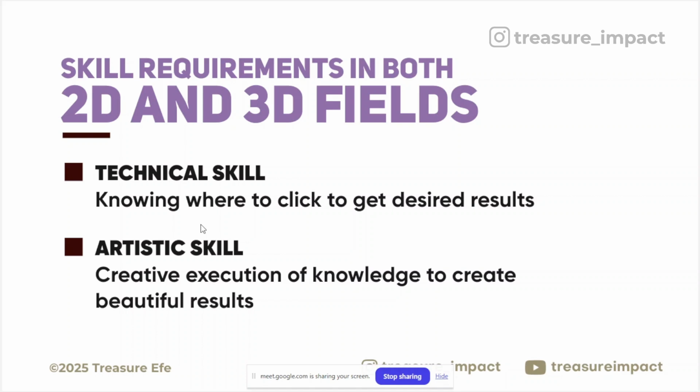Because you can know exactly what to click, but your final results might not look good, might not look pretty, especially as a beginner. So it's a process before you get that eye for what looks good and you create things that look really good or have beauty in them.